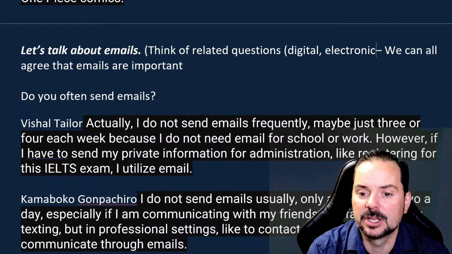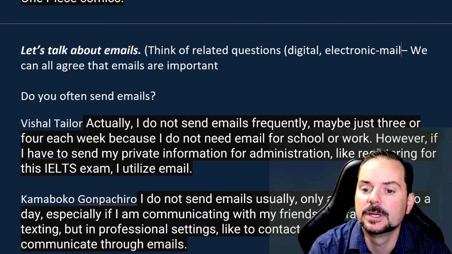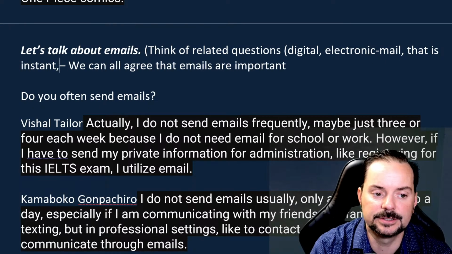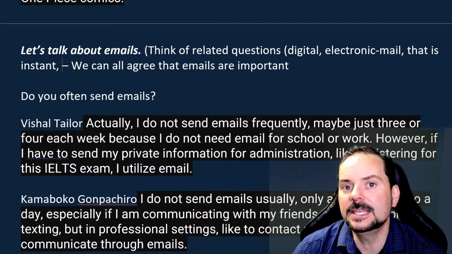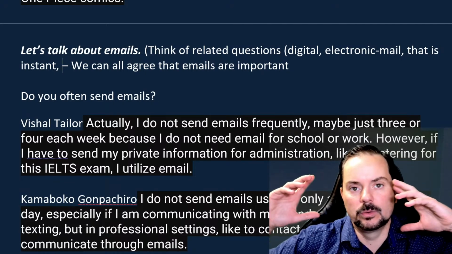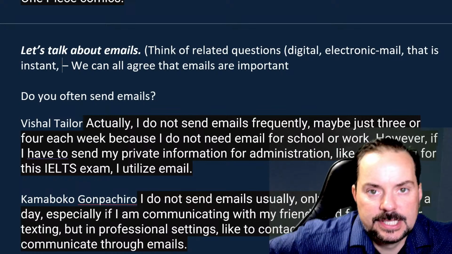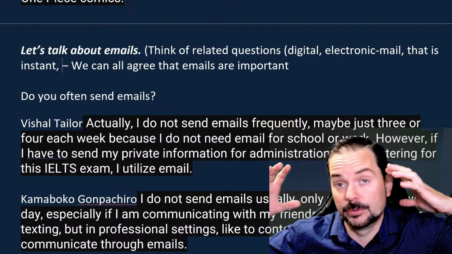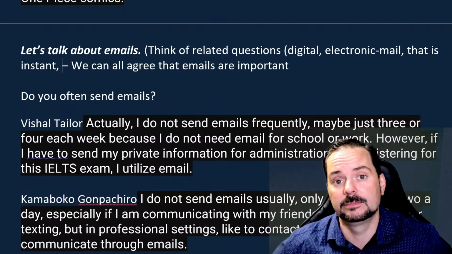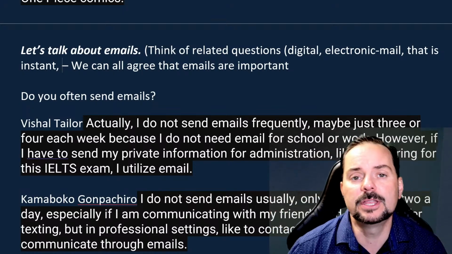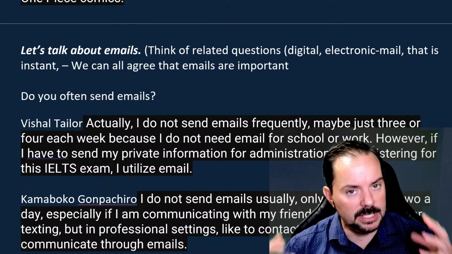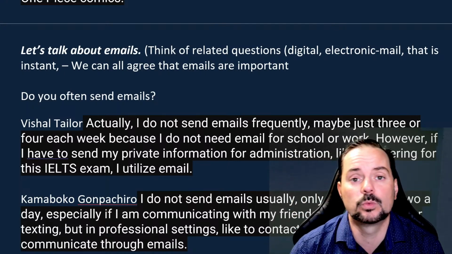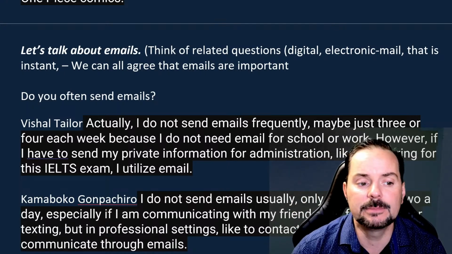The E stands for electronic mail, right? That is instantaneous, instant. What else does email allow you to do? So when the examiner introduces this topic for you, you should not be thinking about the birds and the sun and beach volleyball, but you should be thinking about emails, and you should immediately visualize emails, when you use them, how you use them, what is their purpose, what's their advantage, right? So it's electronic mail that is instant.